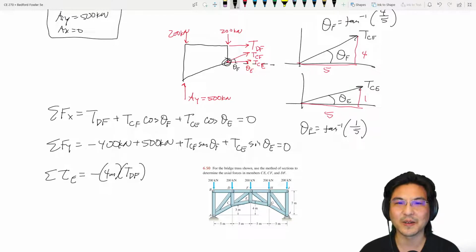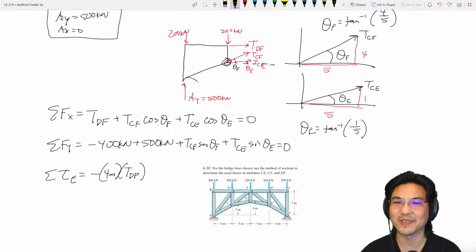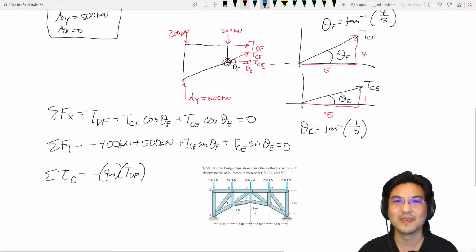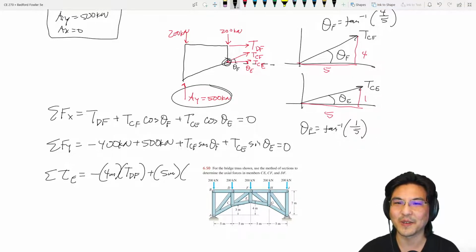And then there's torque from this. These two are actually in line, right? So it's this minus this at this lever arm right here, which is 5 meters. So plus 5 meters times 500k minus 200k, so 300k.